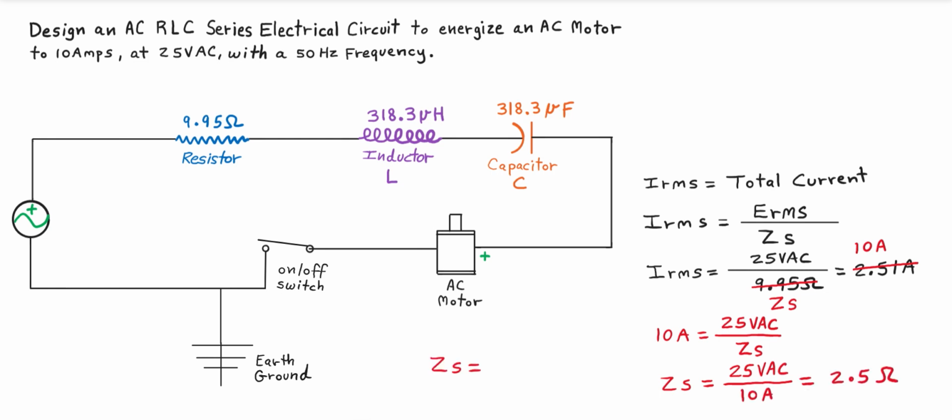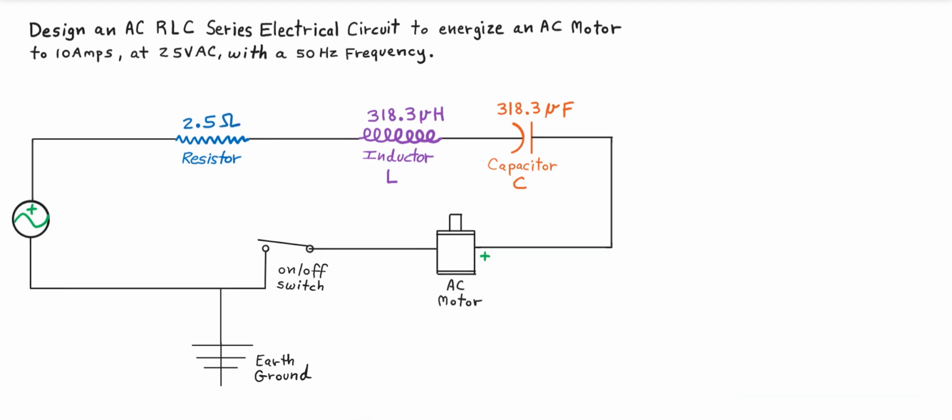We actually need 2.5 ohms of impedance. But because we kept the equalities consistent between the R and the Z, it is accurate. So now we know for sure that the resistance is actually 2.5 ohms, consistent with the 2.5 ohms of impedance.